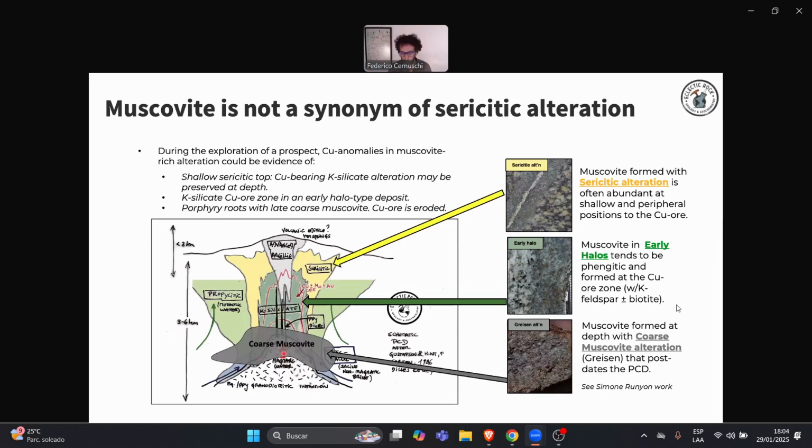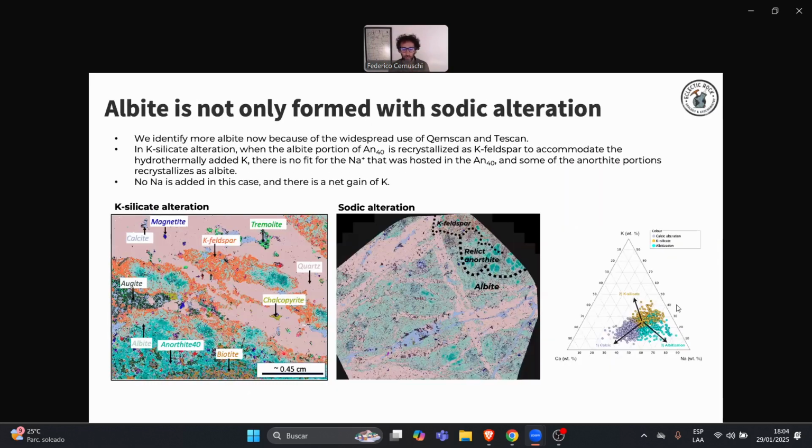Similar situation now with albite. Albite is not only forming sodic alteration, like this example here, where we see some relict magmatic anorthite, some K feldspar, and there's a wash of albite in this blue color that is overprinting everything. And when you look at the whole rock, it's gaining sodium.